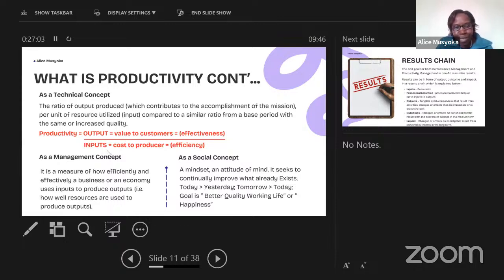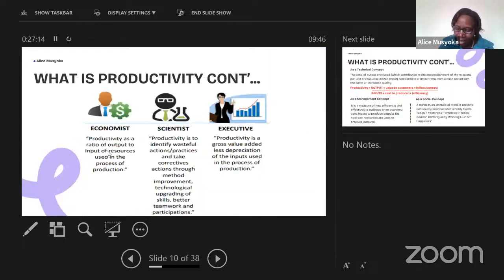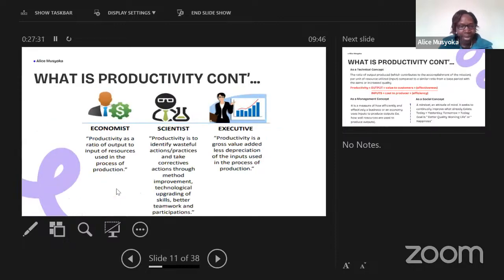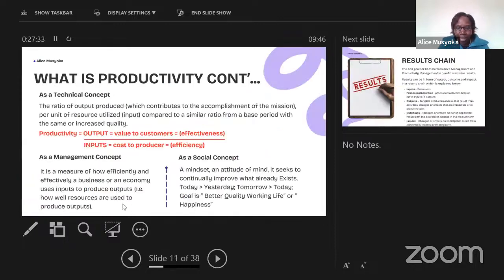And to a customer, productivity means what? Quality goods at good price, isn't it? To a consumer, productivity will bring good quality products and services at a cheaper price, leading to higher standards of living. Okay. So I think we are clear on that.